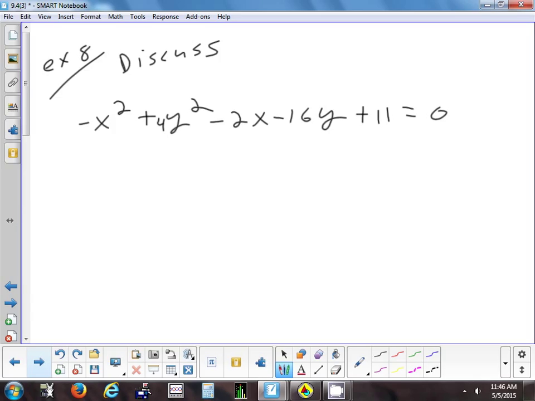Okay, so remember your rules for completing the square. Put your constants on the other side. Coefficients of all squared terms have to be 1. So what I'm going to do is put the x's next to each other, and I'm going to factor something out. What do I have to factor out of my x's to make the coefficient of x squared a 1? I'm going to factor out a negative 1.